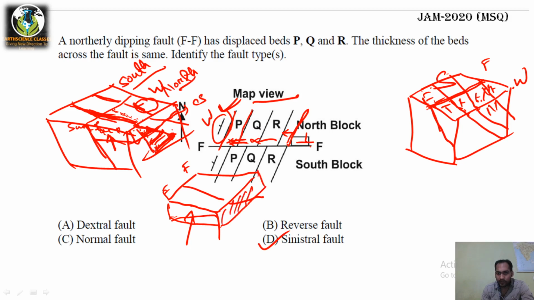So instead of getting the contact right here, you are getting the contact right here. The contact is moved in the deep direction to here. This part is moved off, so the diagram becomes like this.